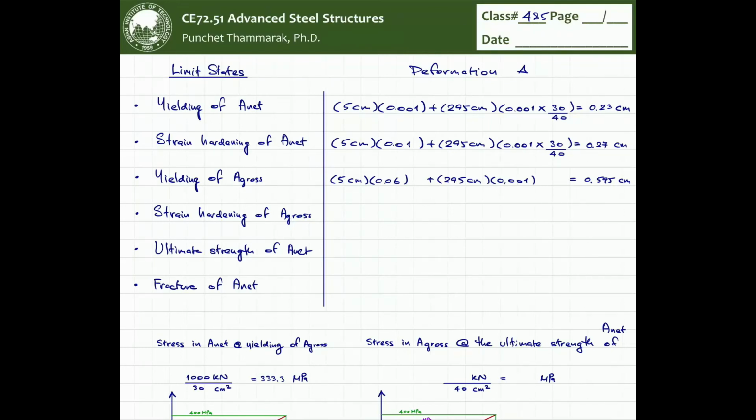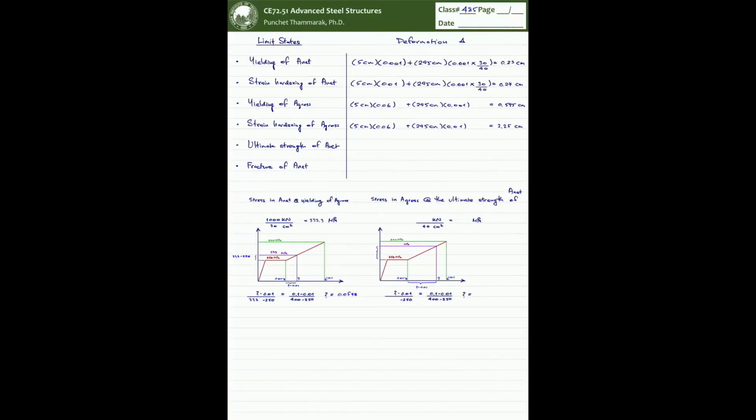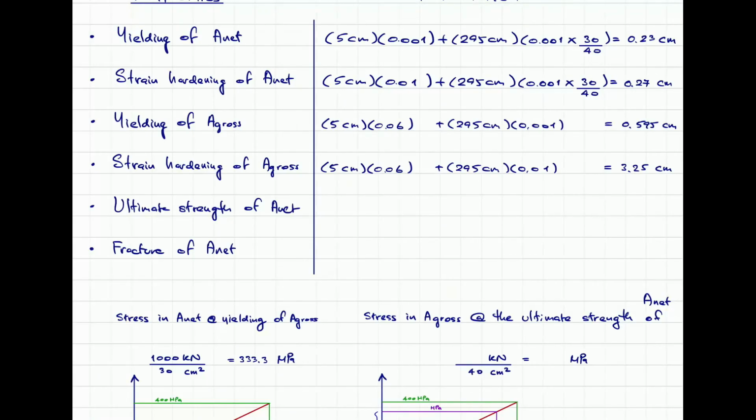Strain-hardening of A gross. And ultimate strength of A net: 5 centimeters times 0.1 plus 295 centimeters multiplied by.